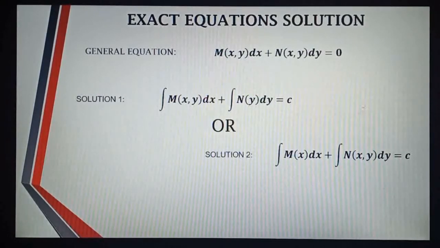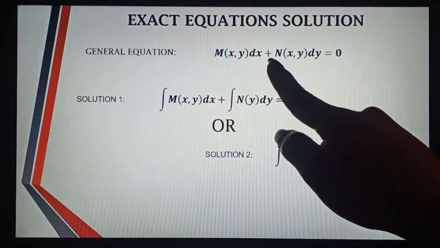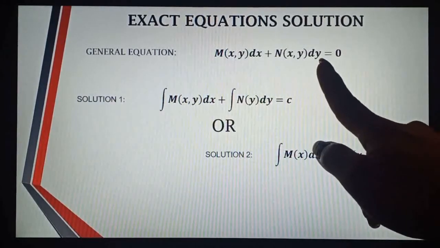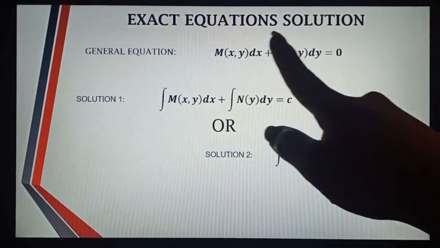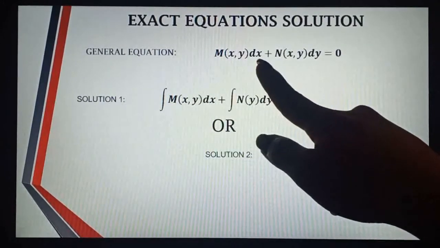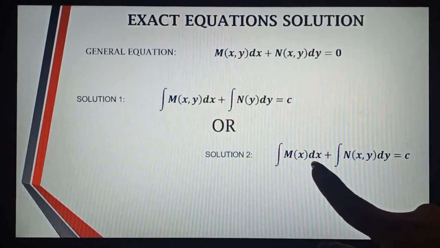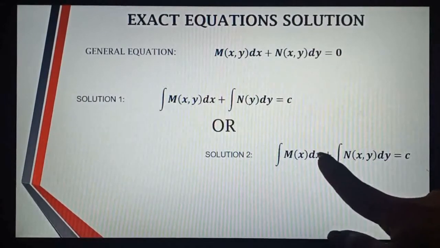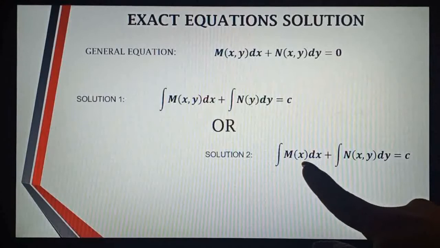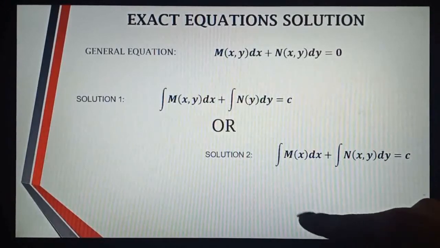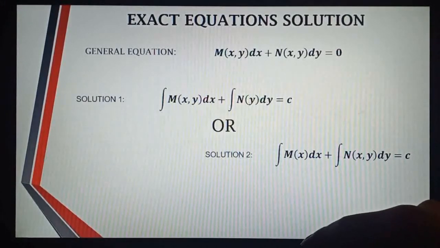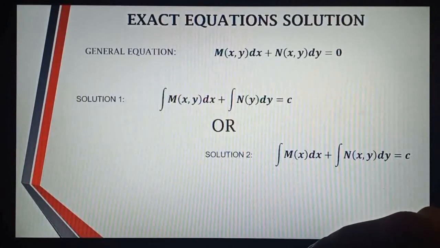Ang kukunin naman natin ng buo ay si N. Tapos, ang kukunin naman natin kay M is yung directly integrable with respect to x naman. Since dx si M, dapat ang kukunin mo lang sa kanya ay yung may variable na x only.